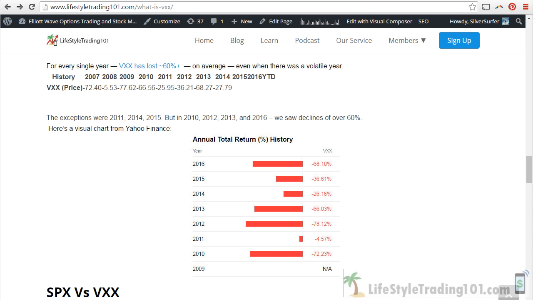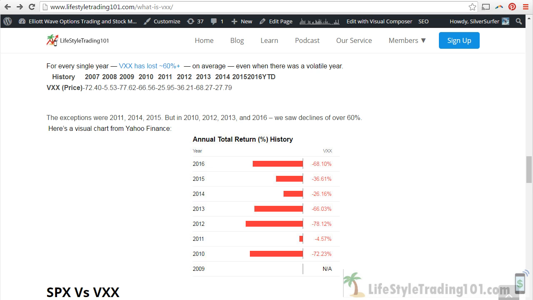And so generally, if there's going to be a volatile year, you don't want to short the VXX. You might even want to be long it for short periods of time. But as a long-term strategy, this VXX strategy is really phenomenal in terms of its consistency.